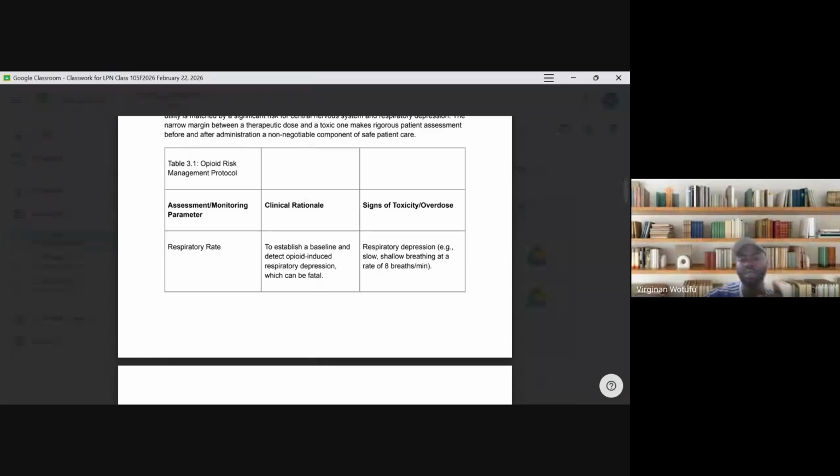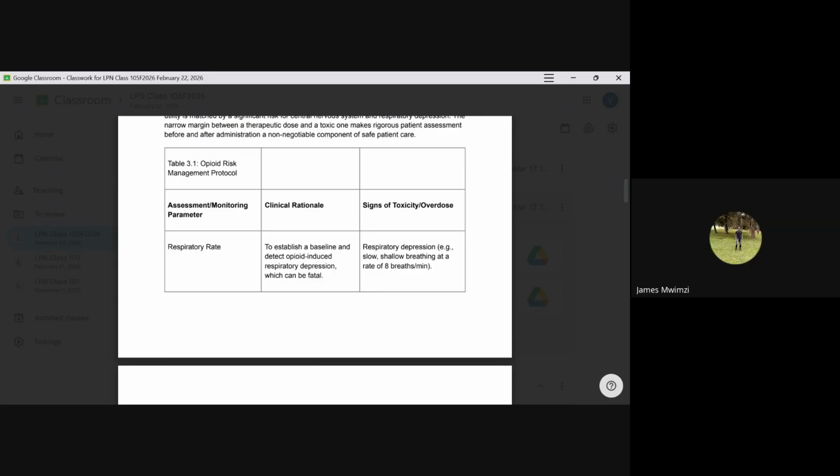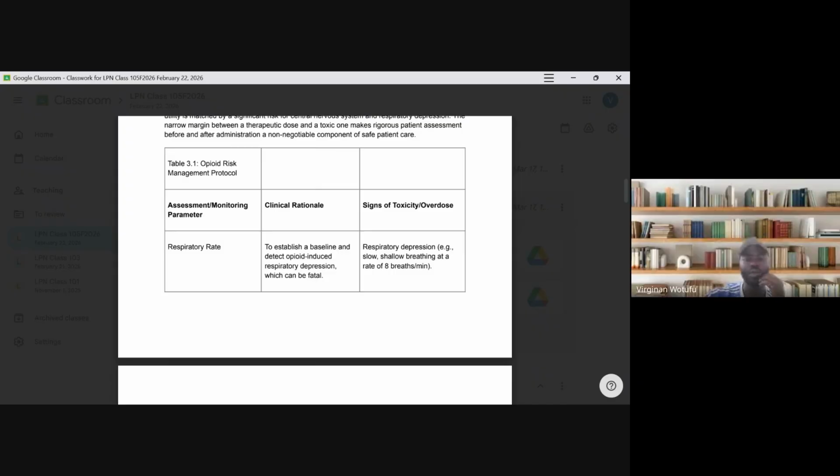You're going into respiratory depression already, leading to hypoxia. That is potential harm already, right? Yes. Good.